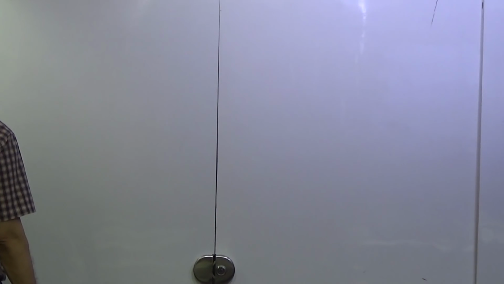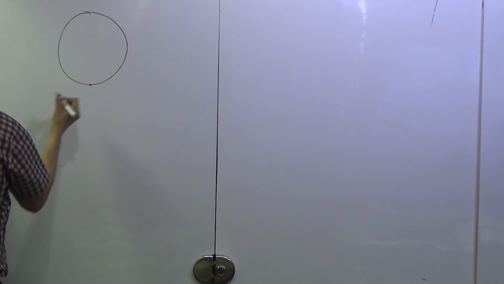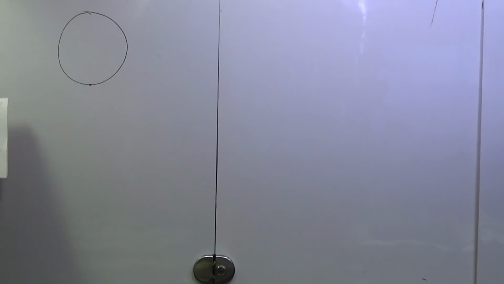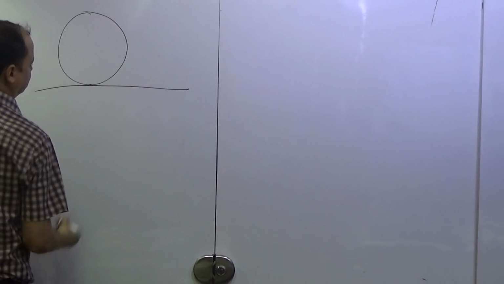See, you've been given a point A on a circle. Let us put this point at the bottom. A chord AP is drawn, right? This is a tangent.